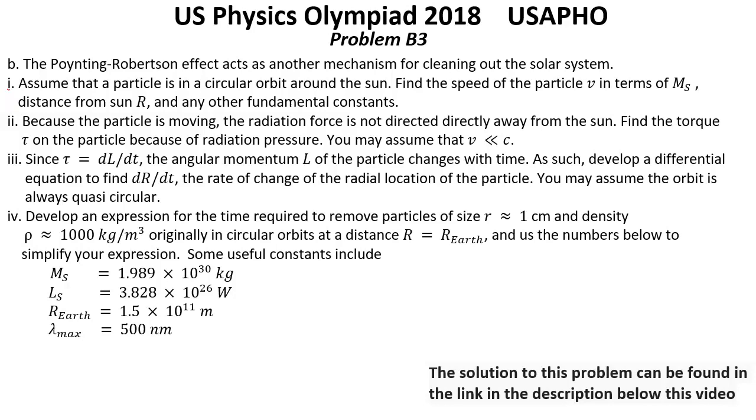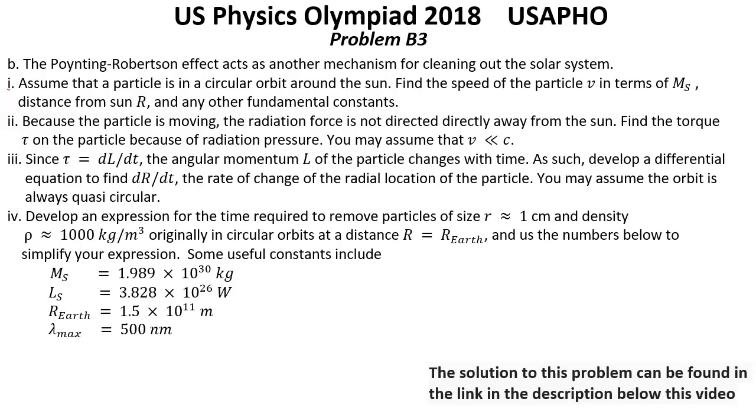II. Because the particle is moving, the radiation force is not directed directly away from the Sun. Find the torque tau on the particle because of radiation pressure. You may assume that v is much less than the speed of light c.